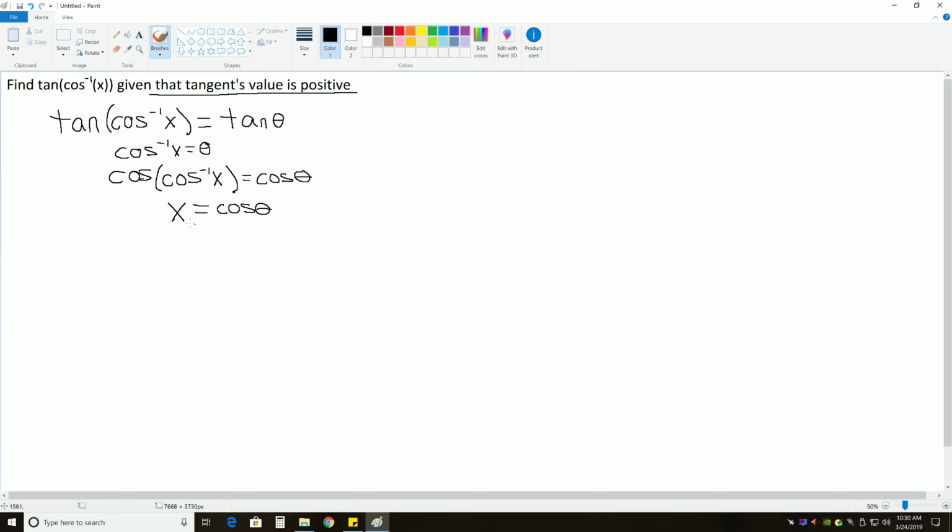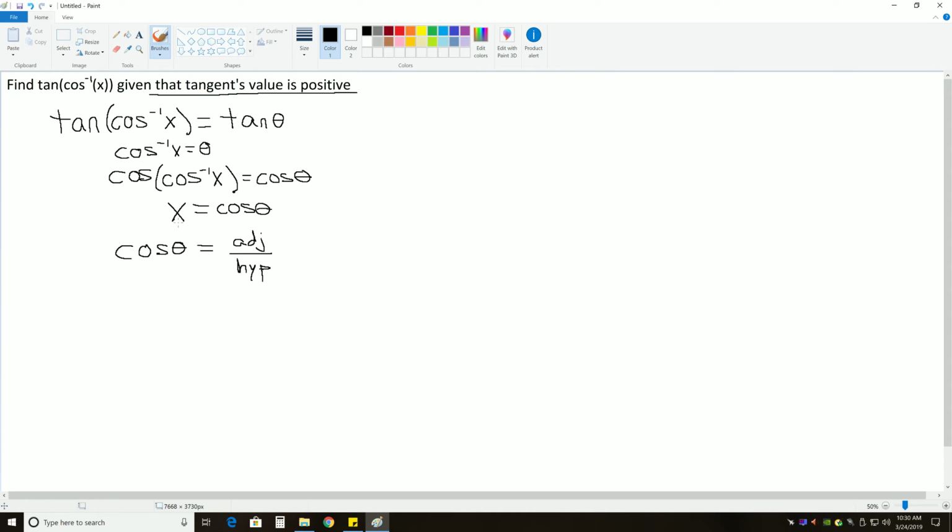So it's at this point that it's worth recalling that cosine of theta, if you're given some triangle that contains your angle theta, is equal to the adjacent side of the triangle divided by the hypotenuse of the triangle, as long as you're dealing with a right triangle.